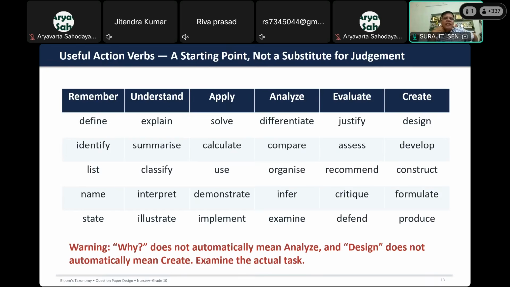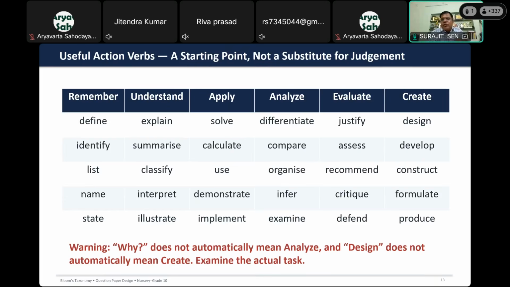In the case of the analysis part, if you want to ask questions, you can ask differentiate, or compare the summers of north and summers of south, or compare the structure of the temples of North India and that of South India, and so on and so forth. Why does not automatically mean analyze, and design does not automatically mean create.